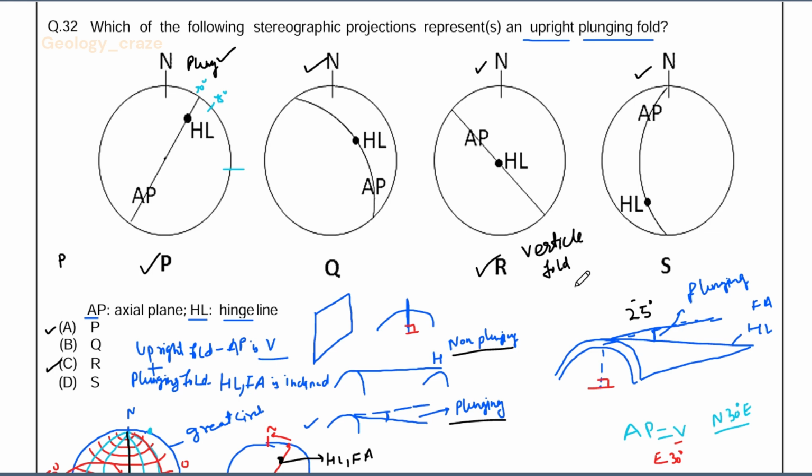Why do I say that this is a vertical fold and this is only an upright plunging fold? Although this is also an upright plunging fold, its name is vertical fold.